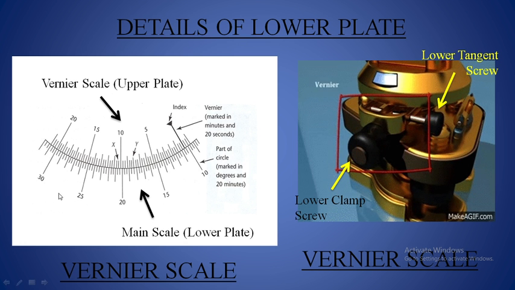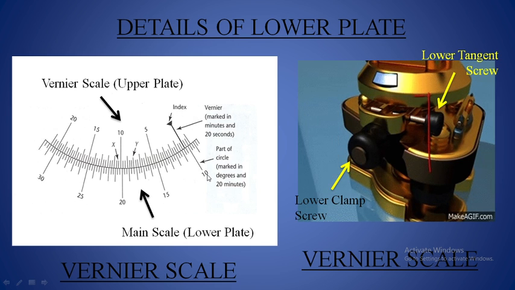Here you can see the lower part, this one is the main scale. For every 5 degrees it is numbered. So after 10 degrees, the 11, 12, 13 and 14 degrees are not numbered.